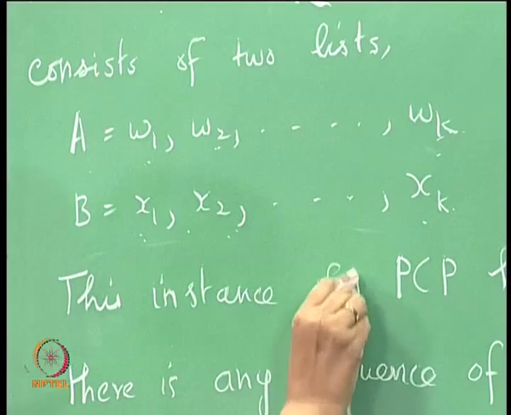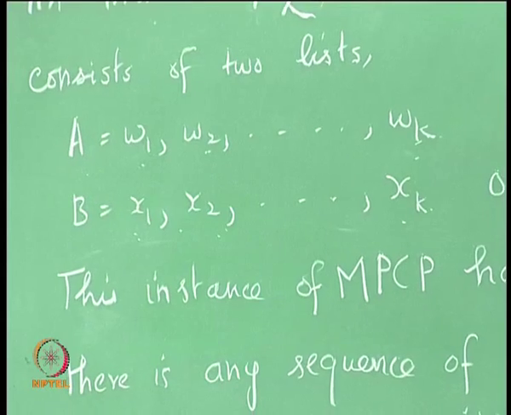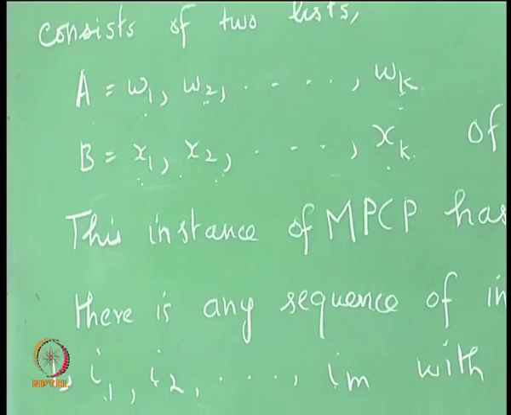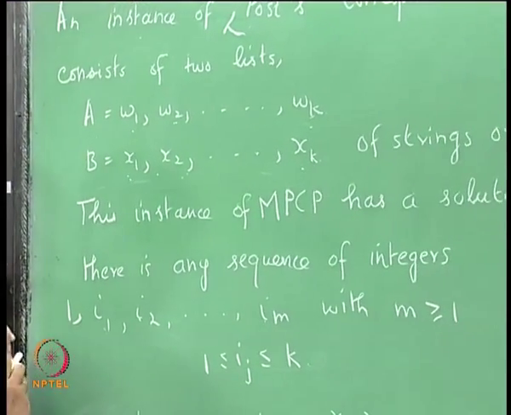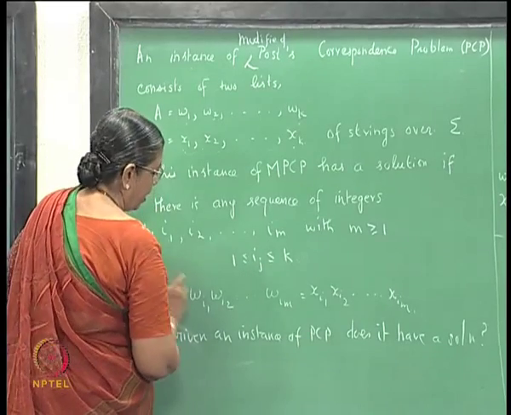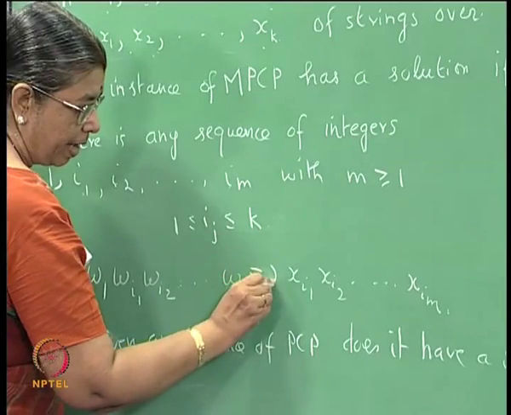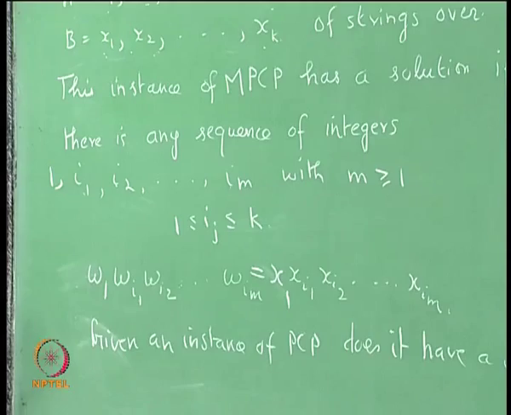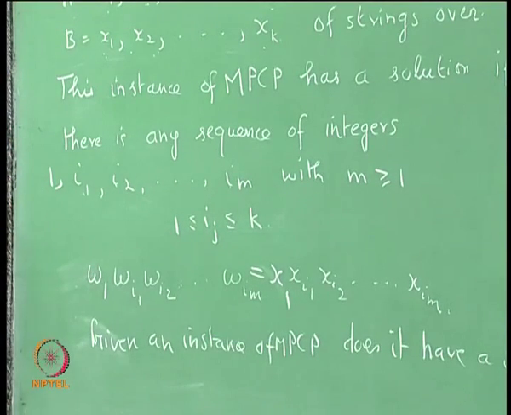This instance of MPCP has a solution if there is a sequence of integers 1, I1, I2, ..., IM such that W1 WI1 WI2 ... WIM is equal to X1 XI1 XI2 ... XIM. So, you modify the PCP a little bit.